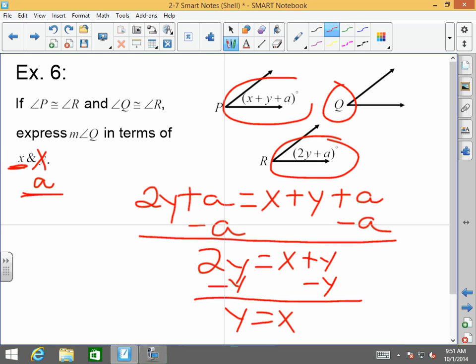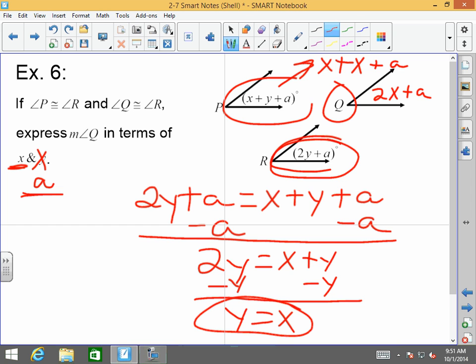If y is equal to x and I plug it into this one, I have x plus x plus a, so Q would equal 2x plus a. If I plug it into this one over here, y is x, so 2 times x, by substitution, plus a. Does that make sense?